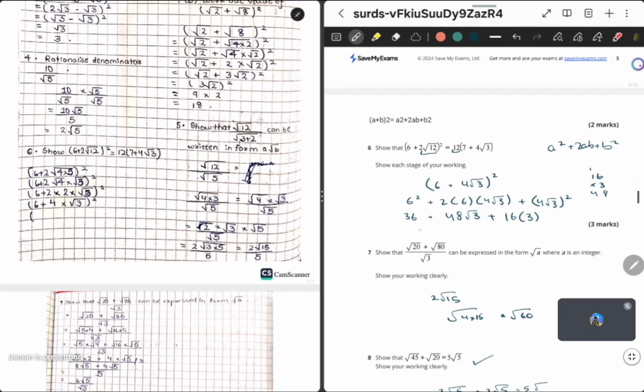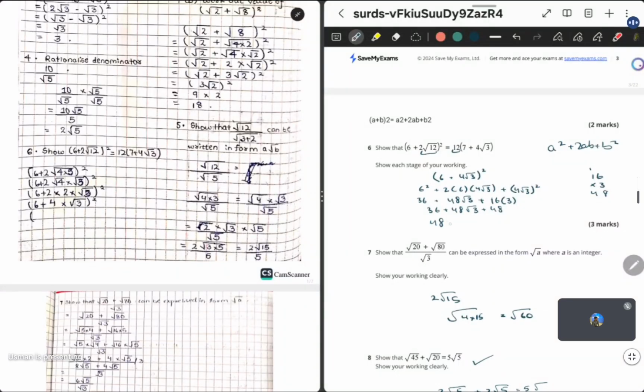So this becomes 36 plus 48 root 3 plus this becomes 48. Now what they're saying is take 12 common. So the first thing that we do is 48 plus 36. So 48 plus 36 is how much? 84. Very good.